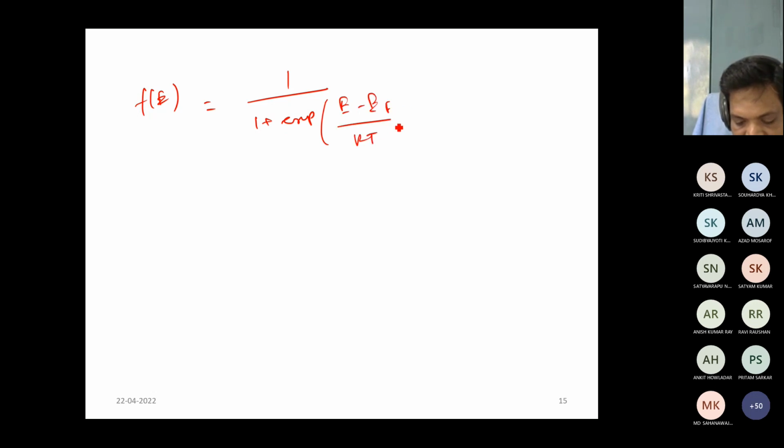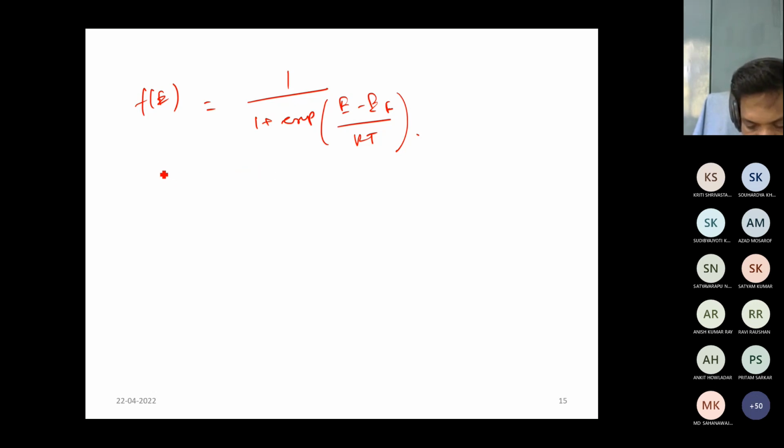So this is what I started with: Fe is equal to 1 divided by 1 plus exponential of E minus EF divided by KT. Let us first see what will happen at E equal to EF.